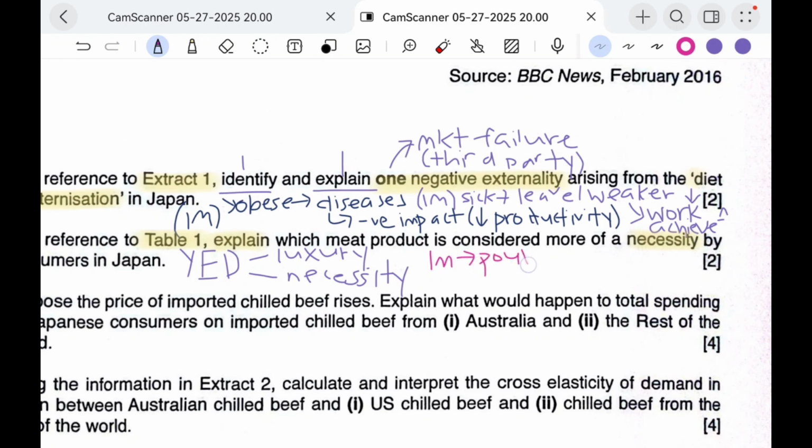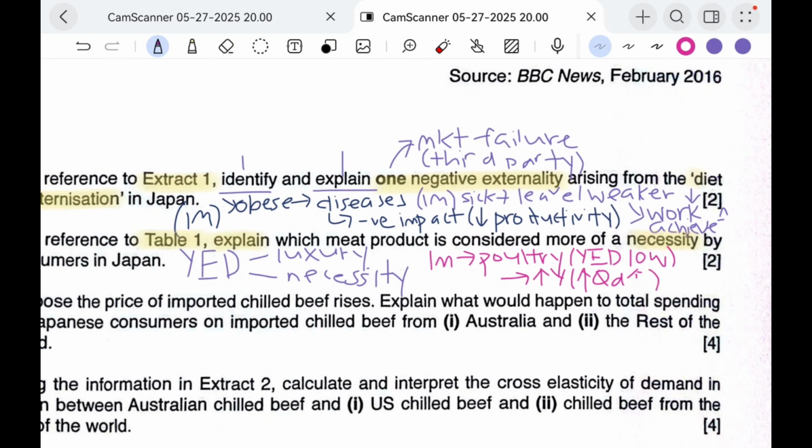So for the explanation part, you need to explain how you use YED to come to this conclusion. So you say that looking at the YED value, which is positive but very low, this tells me that poultry is a necessity, because it means that when my income increases, my quantity demanded of poultry only increases a little bit.